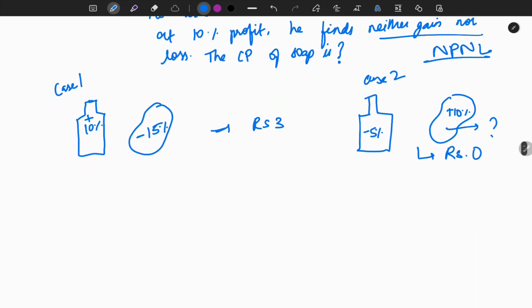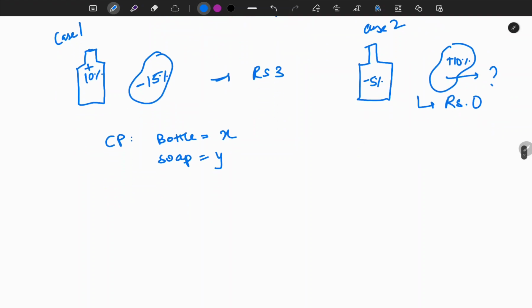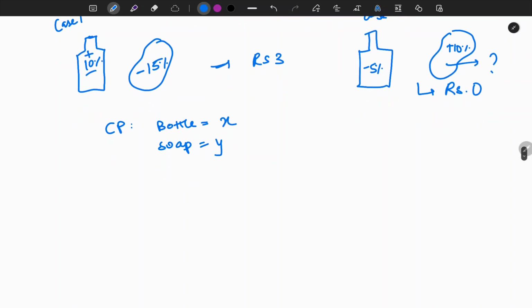So let's assume that the cost price, the price at which he buys these items, the cost price of the bottle is X and the cost price of soap is Y. In case 1, what we see is 10% profit, which means that your selling price would be 110% of your cost price.